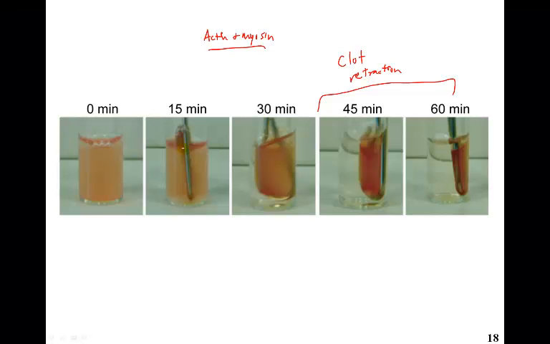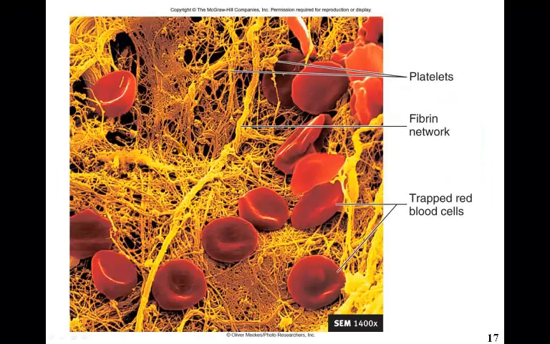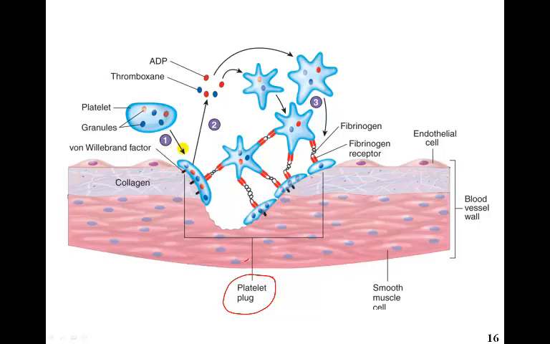Okay, so the platelet plug we've talked about briefly. We'll go into a little more detail now. A vessel break occurs. The first thing that happens is platelets respond and form a platelet plug. As I mentioned, platelet plugs are pretty much adequate for blocking off very small breaks.